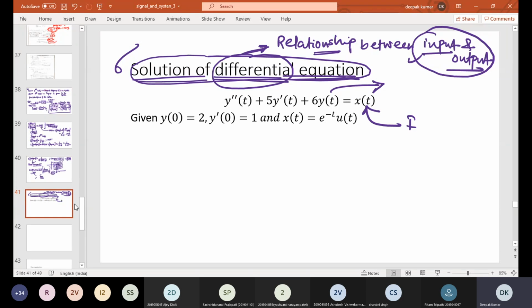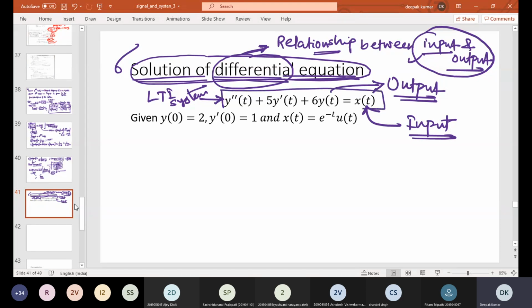In general, the single term is considered as the input, and the other signal will become the output, and the relationship represents an LTI system. So this is not mathematics, this is signals and systems. This is one way of representing the system.